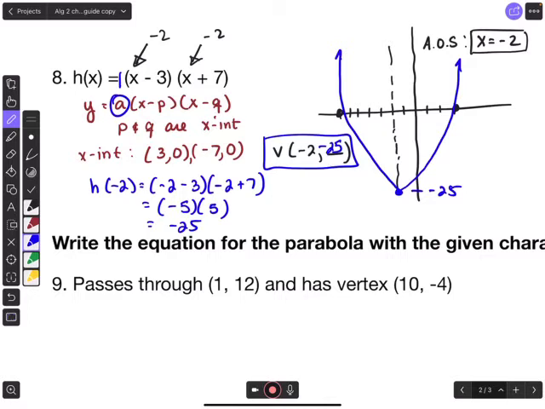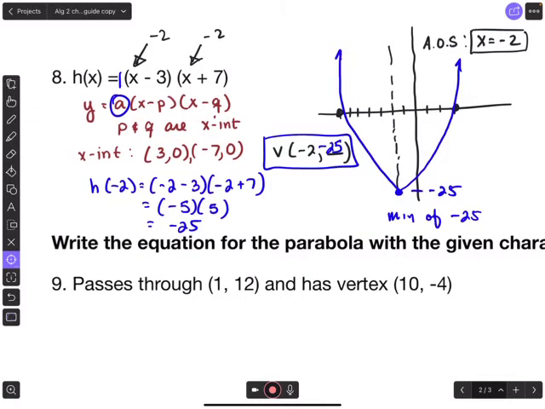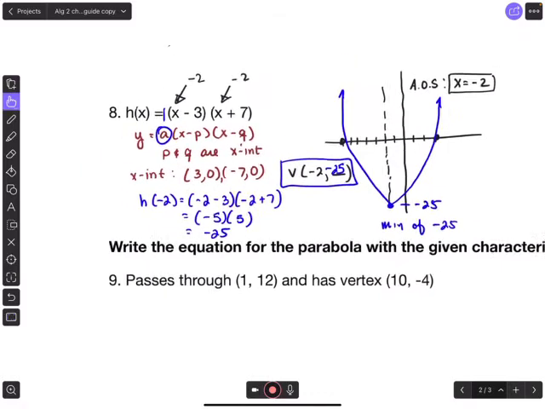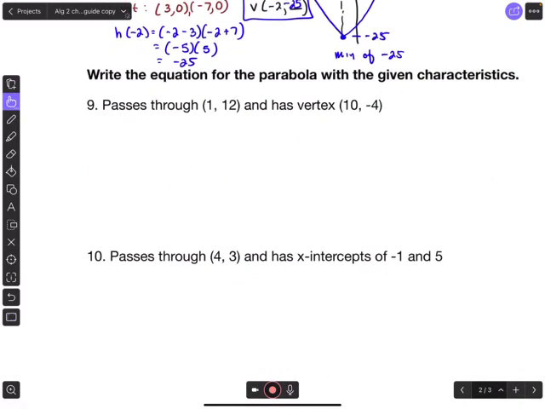This has a minimum value, min of -25, the lowest value it goes to. It is decreasing when x is less than -2, and then it starts to increase once x is bigger than -2. I know I'm kind of going fast, but it's a video, so you can stop and pause it.